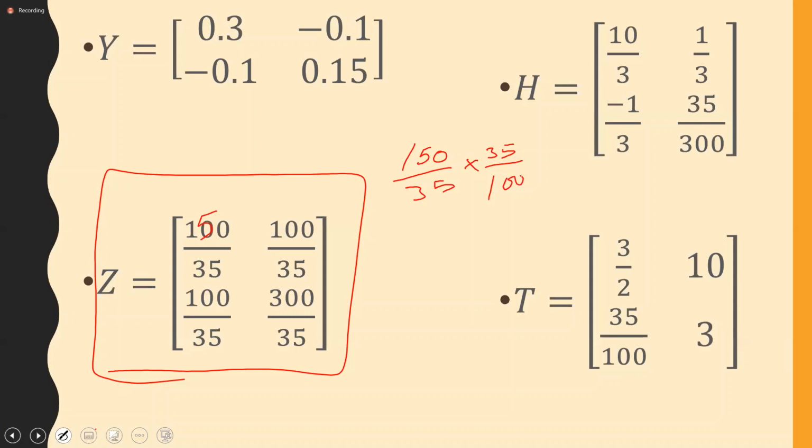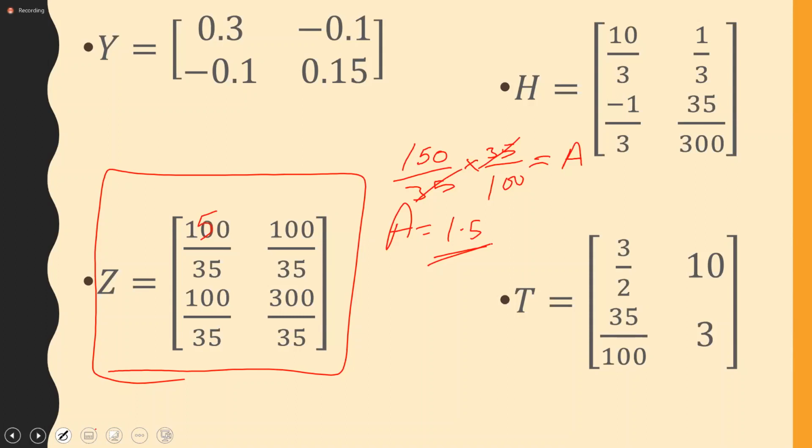And that would be our corresponding A. So 35 will cancel, and we get A to be 150 over 100, which is 1.5. Everybody good with that one? Yes, sir. Is there anybody who did not follow what I just did? I'm just making the substitutions. Nothing fancy.